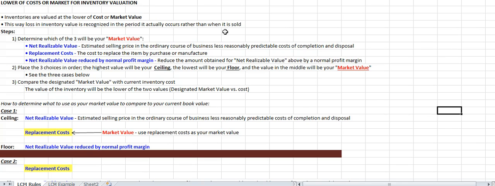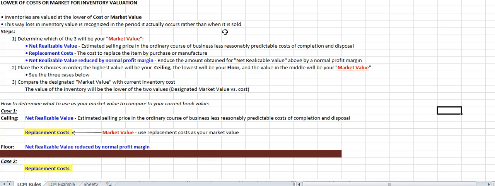So rather than wait till you sell it for that to happen, you're going to immediately alert everybody, investors and all financial users, that there has been a loss in value in inventory. And you're going to book it in that period, and then going forward, because you've already lowered your value, you can obtain normal profit margins, or at least you won't have those negative gross profit margins, right?